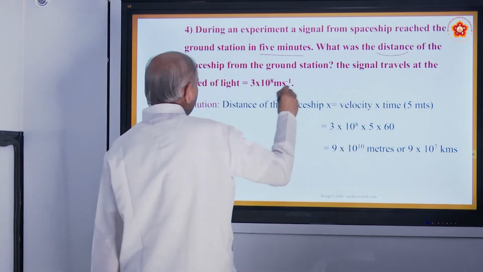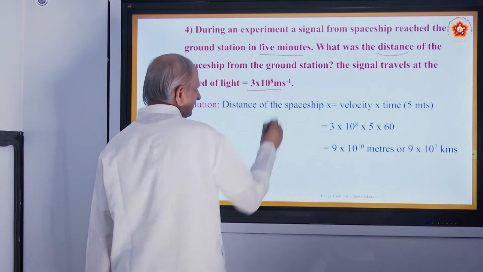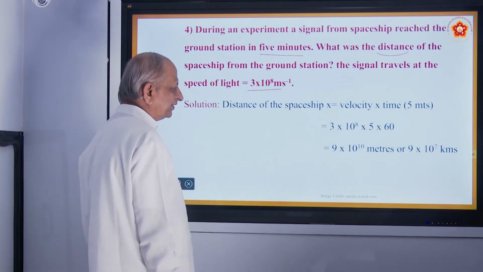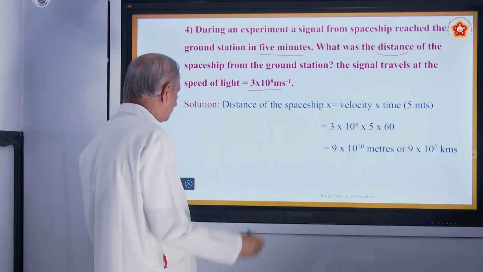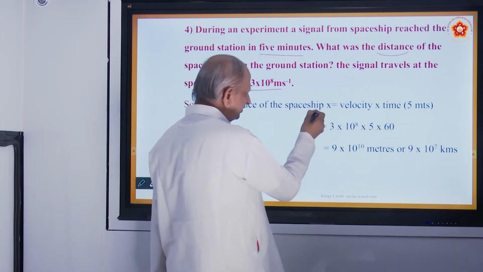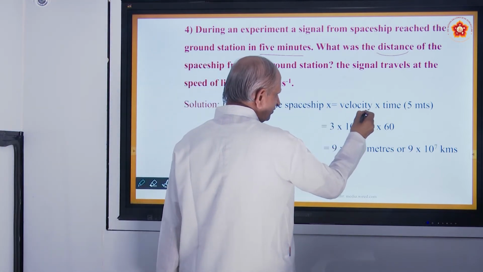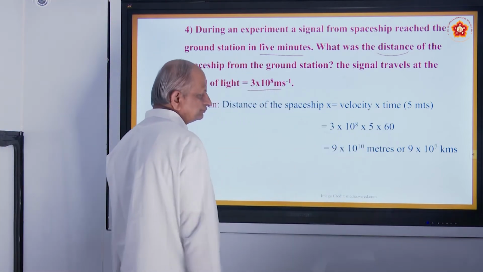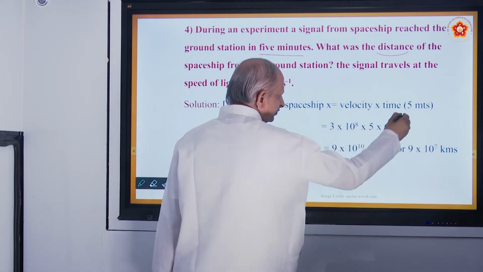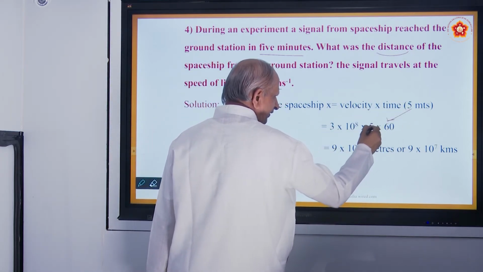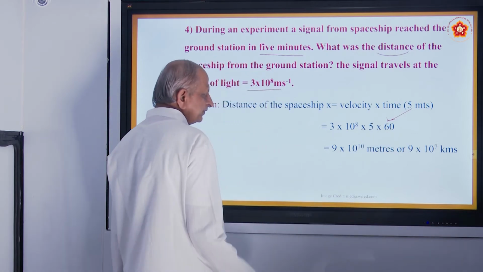And the signal travels at the speed of light. Speed of light is 3 into 10 to the power of 8 meters per second, or 3 lakh kilometers per second. So distance of the spaceship is equal to velocity into time. Time is 5 minutes. If you convert that, 5 minutes becomes 5 into 60 seconds.